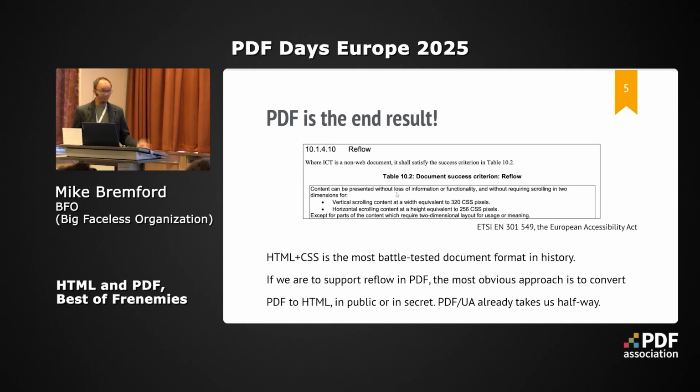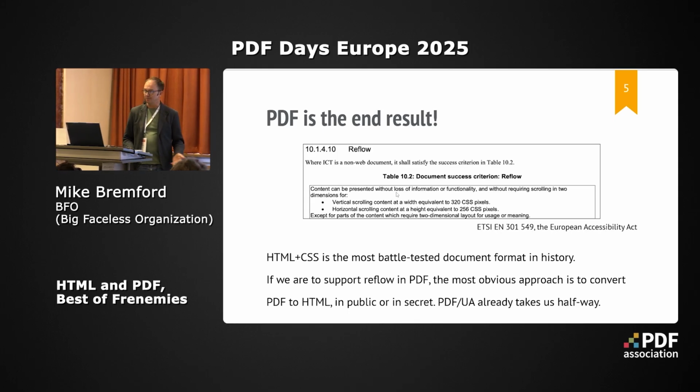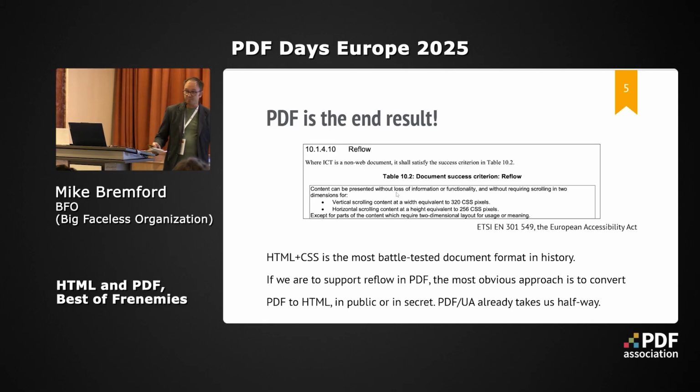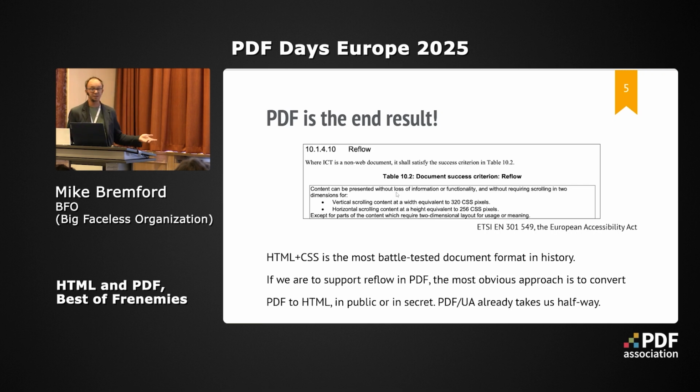So, if we have to reflow a PDF, why don't we convert it to HTML? Now, I realize this is as much a political question as a technical one, but we don't have to tell the user that's what we're doing. It can be done inside the PDF viewer. Most web users are familiar with reading mode, for example, so having a reflow mode on a PDF viewer would be easy enough.